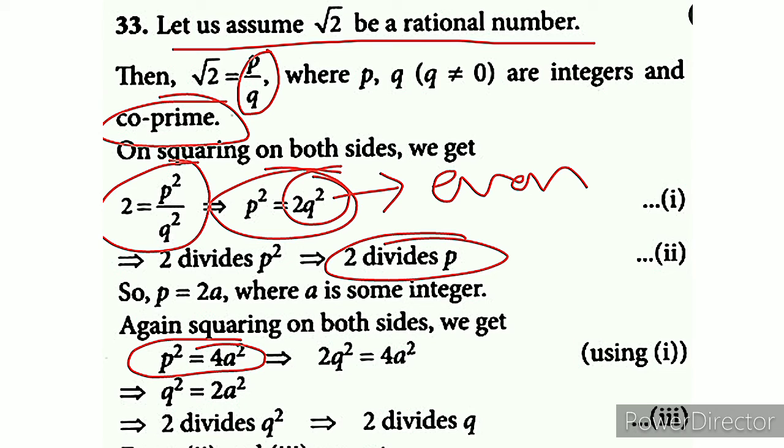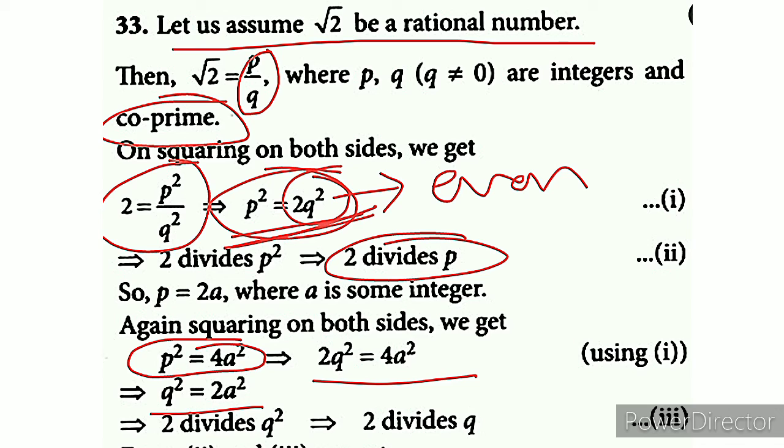This implies that p square equals 2q square. From here we have the value of p square equal to 2q square, so we can substitute it here and our statement becomes 2q square equal to 4a square. On dividing by 2 both sides, we have q square equal to 2a square.